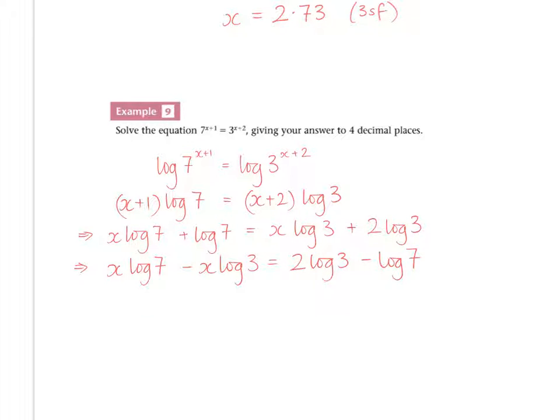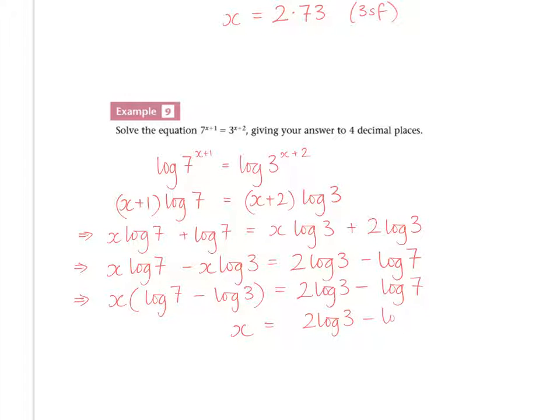Just check your signs, make sure you've got that right. I'll take out a common factor of x and that'll isolate it. And then x by itself is going to be 2 log 3 minus log 7 divided by log 7 minus log 3.